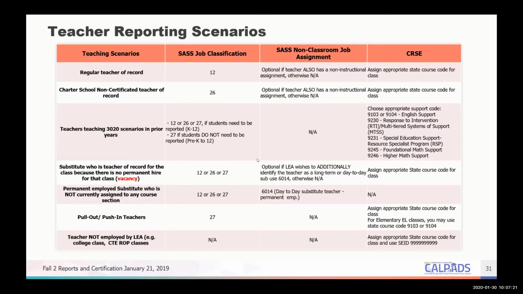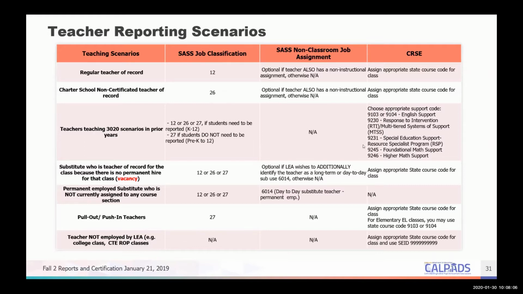So for those teachers teaching 3020 scenarios last year, let's say you have EL students that have to be reported, you report a staff member as either a 12, 26, or 27, and identify the state course code. You can't use 3020 anymore because that has been retired. So for English support, you could use 9103 or 9104. And for staff members handling RSP, you can use 9231. Okay? So you have the option to either submit the SCSE records or not for these scenarios.